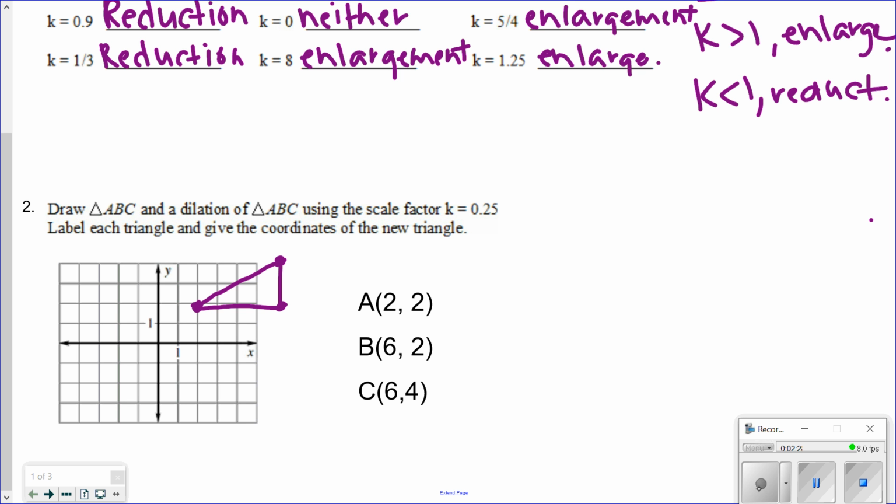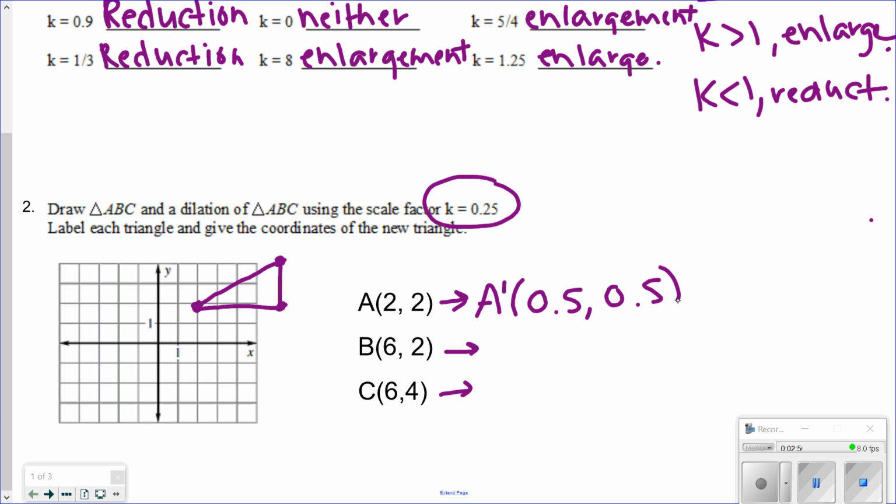So now we need to use our scale factor, which is 0.25. Since the scale factor is less than 1, we know it's going to be a reduction. So our triangle should be smaller. So now what I want to do is take each of my coordinates and multiply the x and y coordinate by the scale factor, which is 0.25. So that makes A prime equal to (0.5, 0.5).